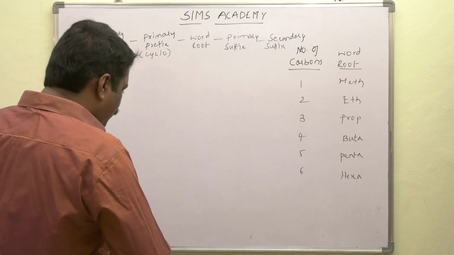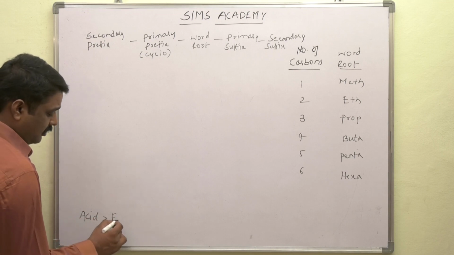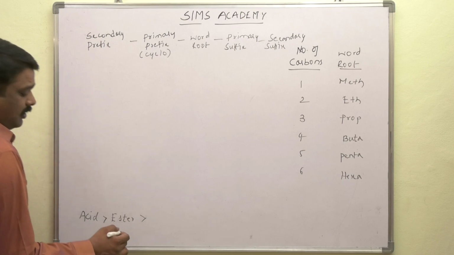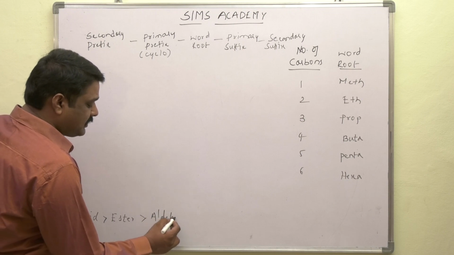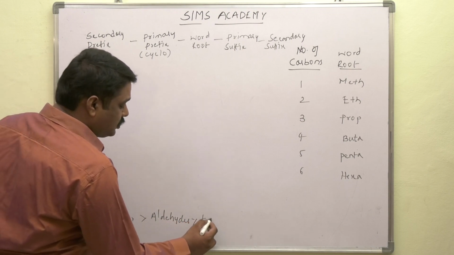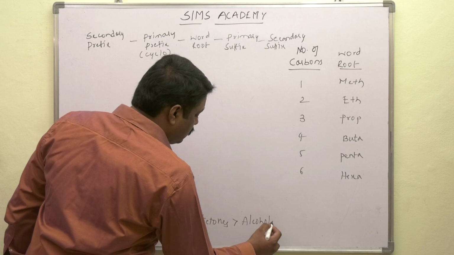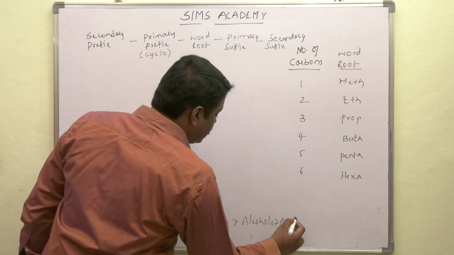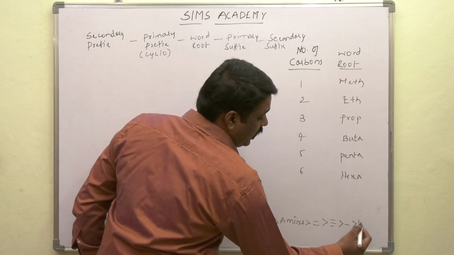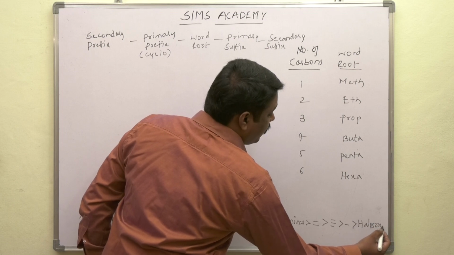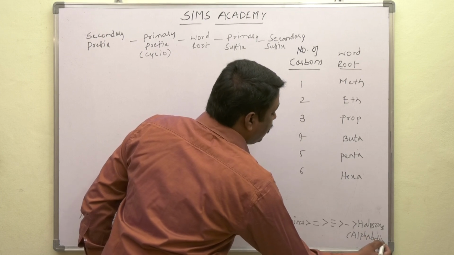Let us even write the priority order of the functional groups. Initially we have acid, next ester, in decreasing order of priority. Next aldehydes, ketones, alcohols, amines, double bond, triple bond, single bond, and finally halogens. If two halogens are present, we have to take them in alphabetical order.